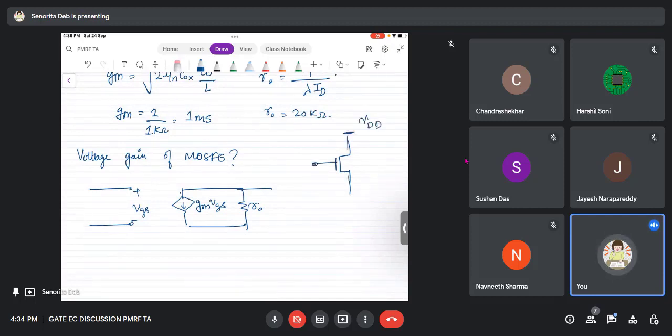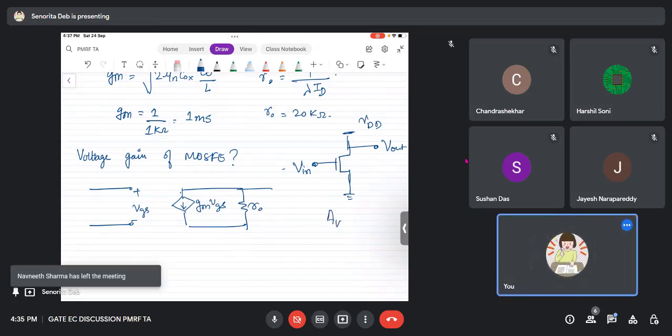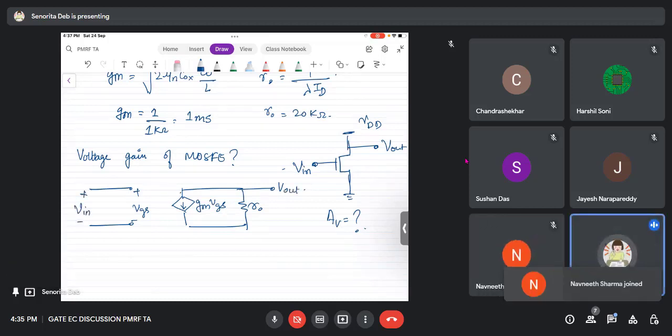I put some voltage here, a V in voltage along with some biasing, and I'm taking the voltage V out from here. And I'm asking you what is AV, the voltage gain? So this will be V out, and here it is V in, in the small signal.